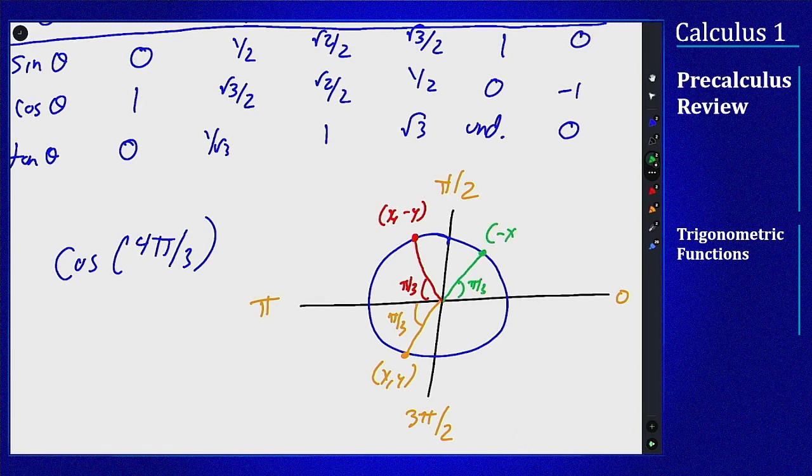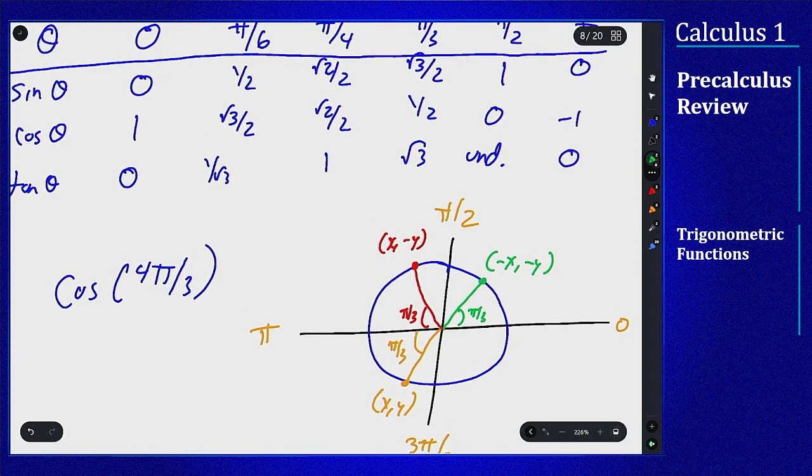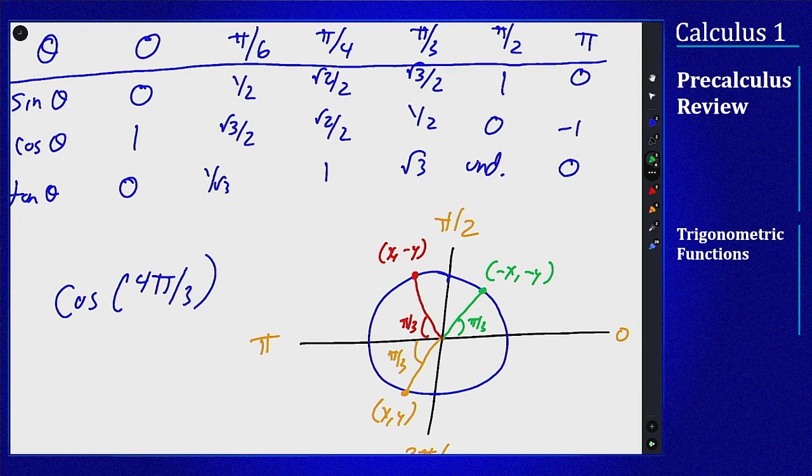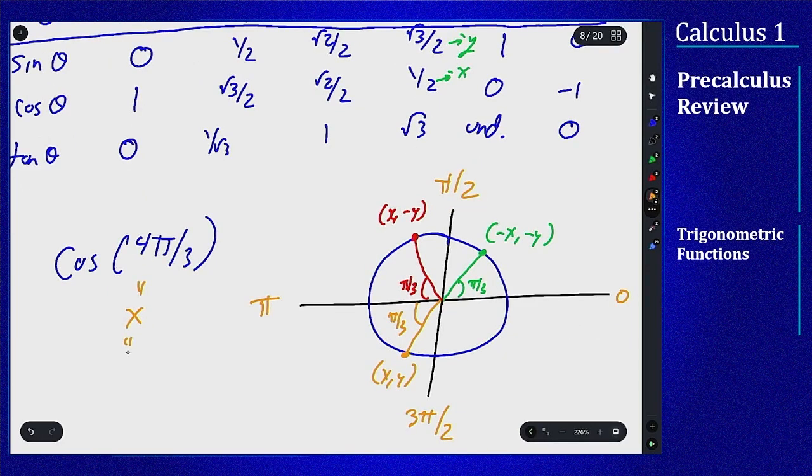And I'm now at minus x, minus y. But that I know. If the angle is pi over 3, I know that 1/2 is x, and root 3 over 2 is y. In this case, that's negative x and negative y, which means that my x value, which is what I want here, this will be the x-coordinate, this must be negative 1/2.